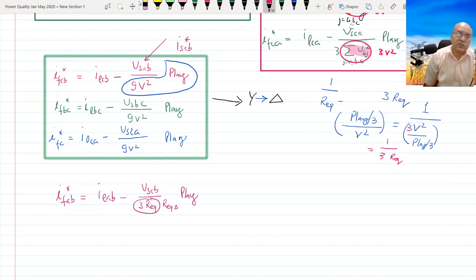And same is true for this, which shows that the current ISAB after this compensation is in phase with this voltage. Therefore, the compensated currents are in phase with the voltage.